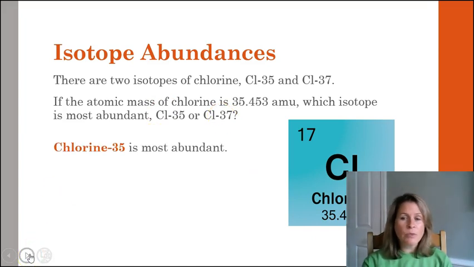So chlorine-35 is the most abundant one because it's closer to the average than chlorine-37 is.